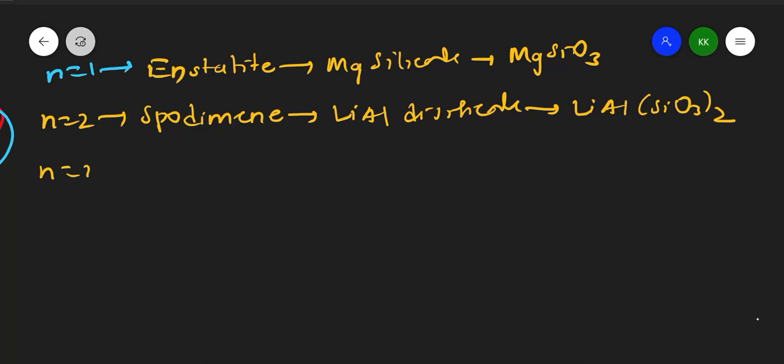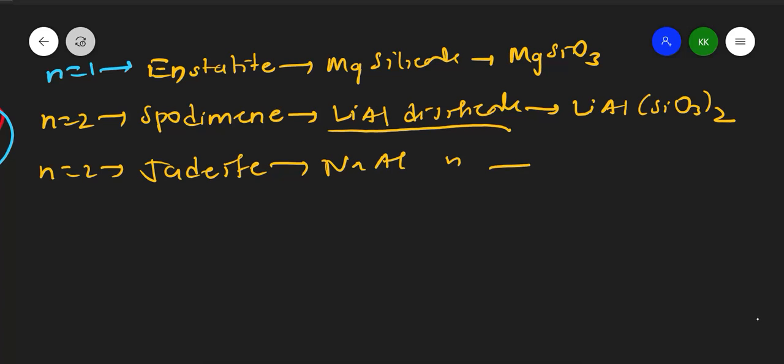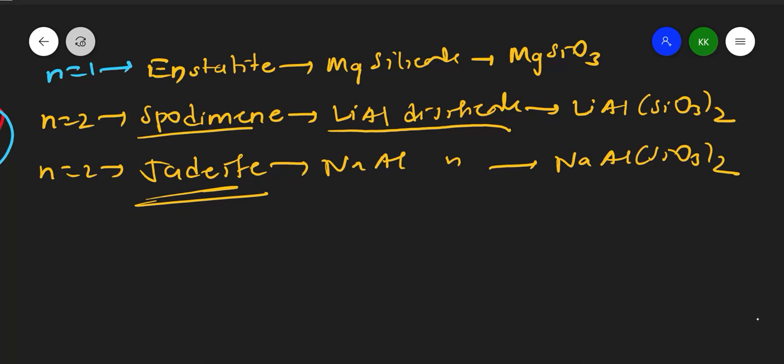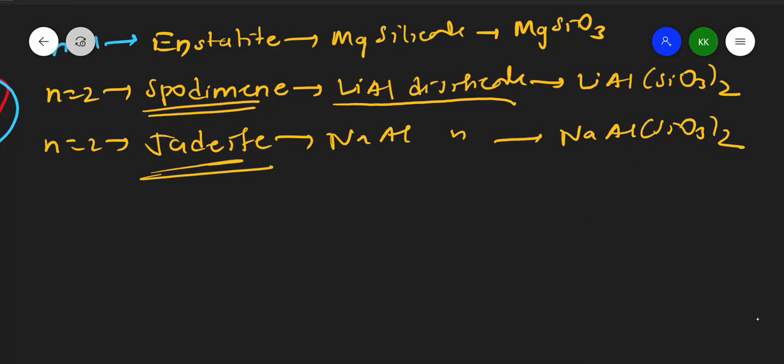For n equal to 2, another name is jadeite. Here lithium aluminum disilicate is spodumene, but jadeite is sodium aluminum disilicate, NaAl(SiO3)2. If you remember any of the two, you can give it.